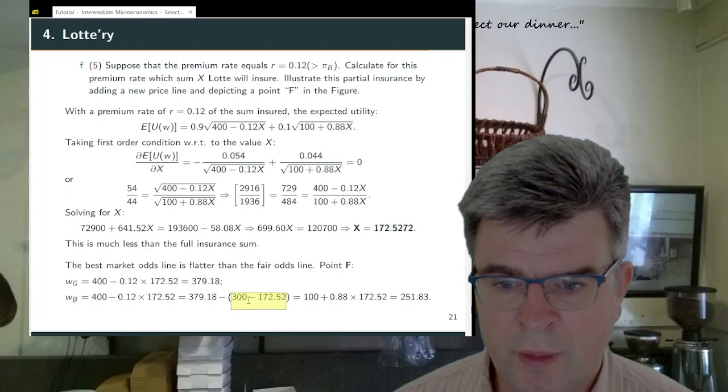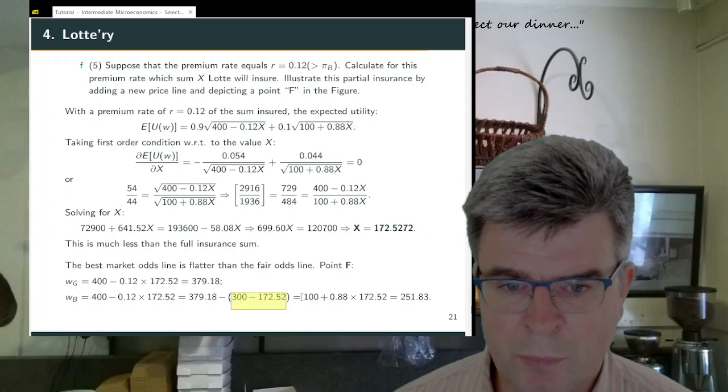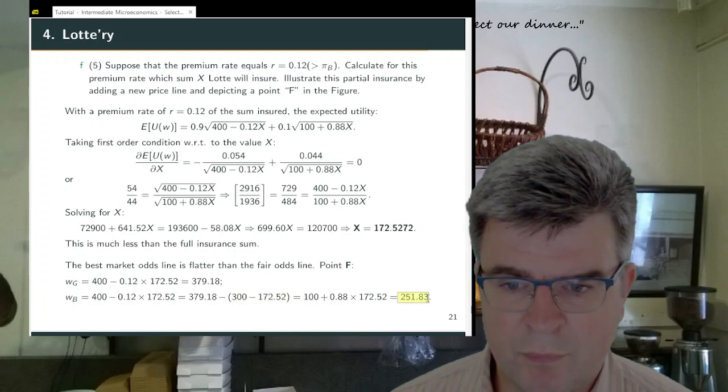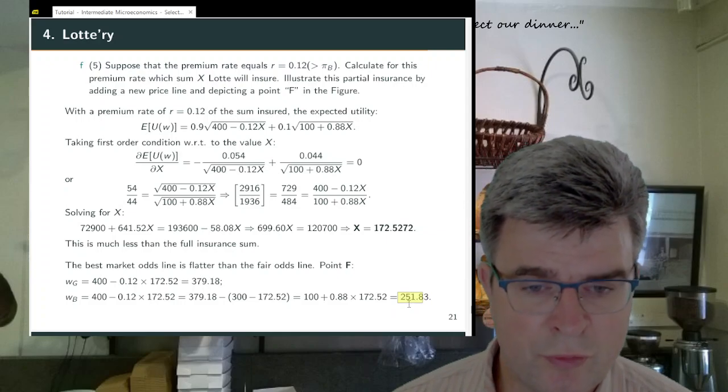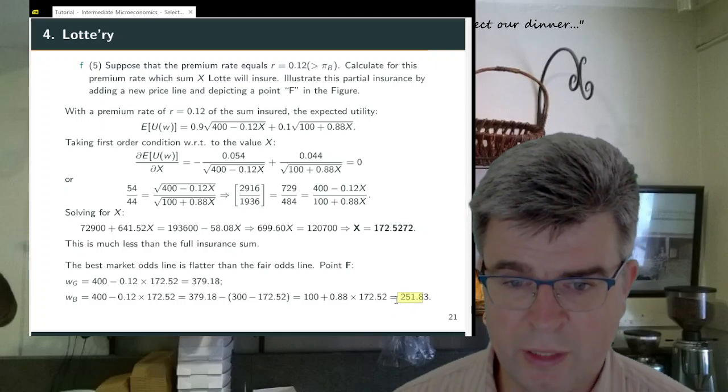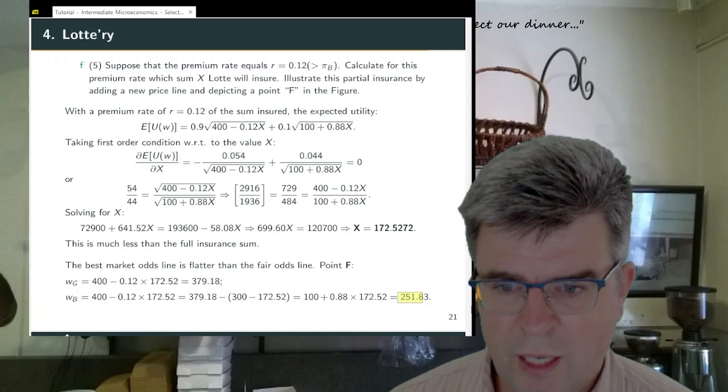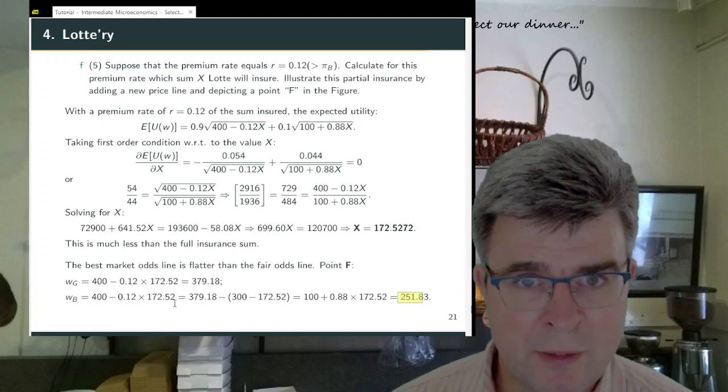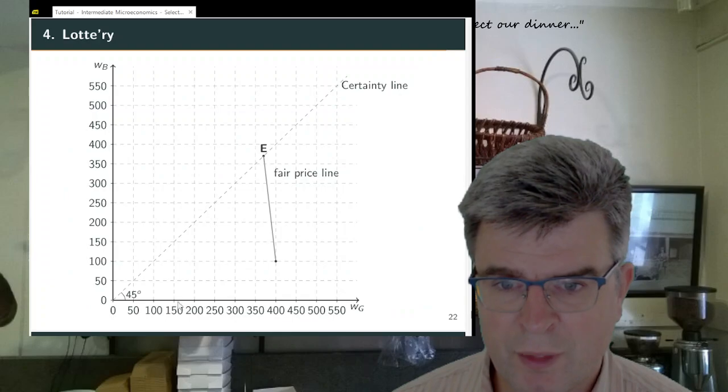And if you compute this, then her final wealth will be 251.83. And we can depict this point in the graph.